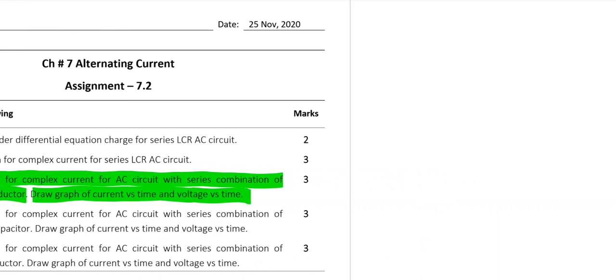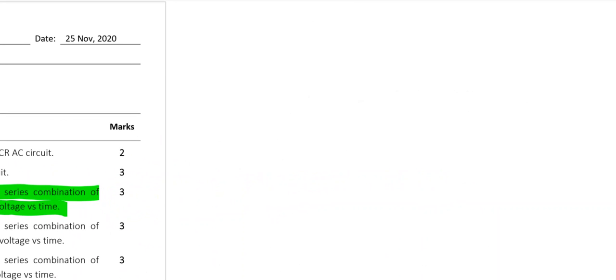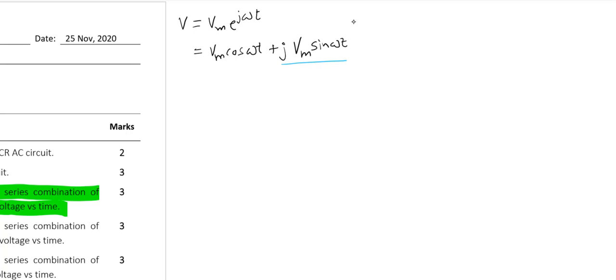Before we go to the RL circuit, let me recall equations from the previous video. We had V is equal to Vm e raised to j omega t. Remember that actually it is Vm cos omega t as the real part plus j Vm sin omega t as the imaginary part, but the imaginary part is not considered anywhere, so we will not be using it.